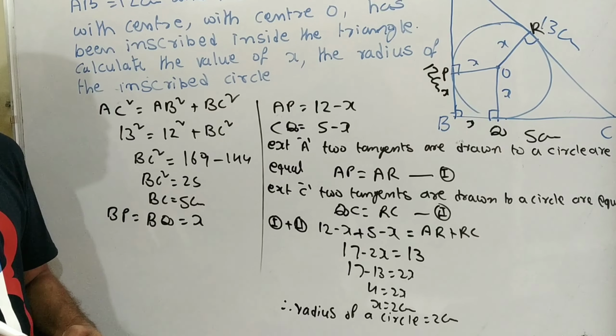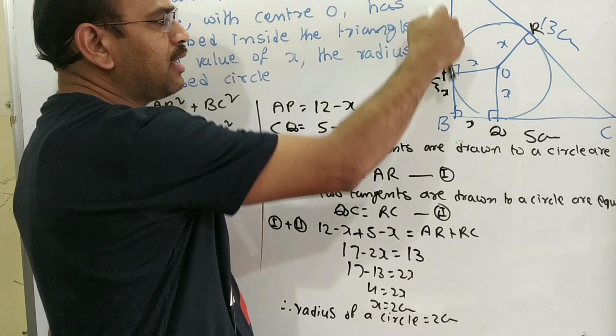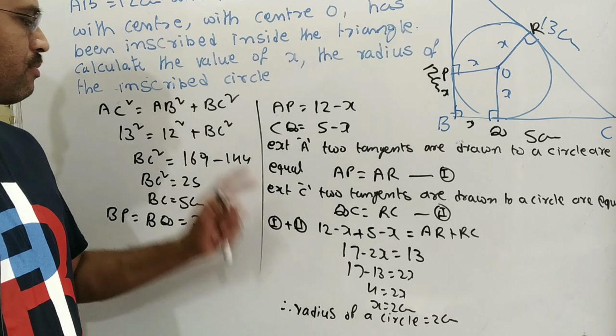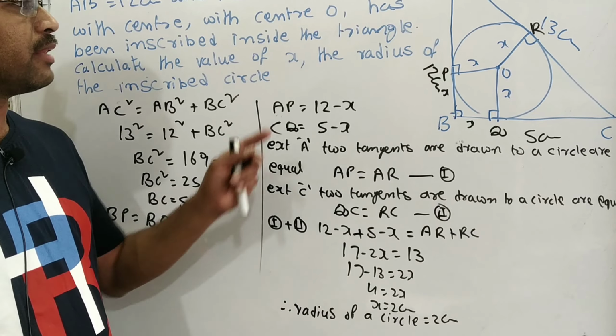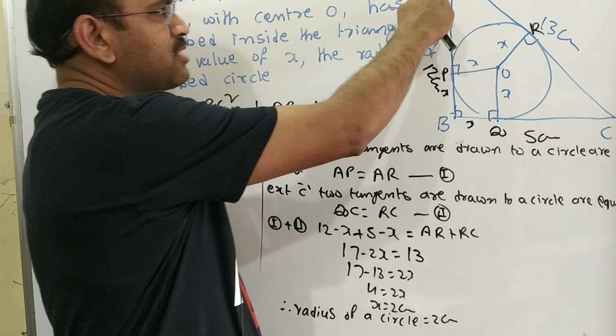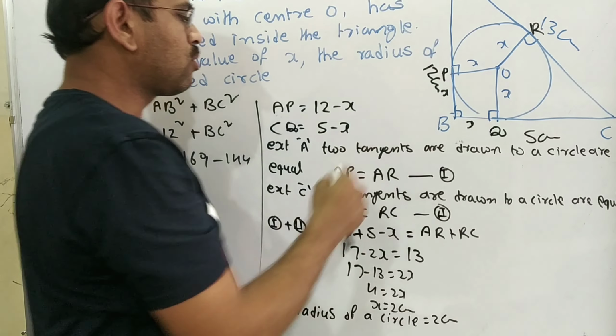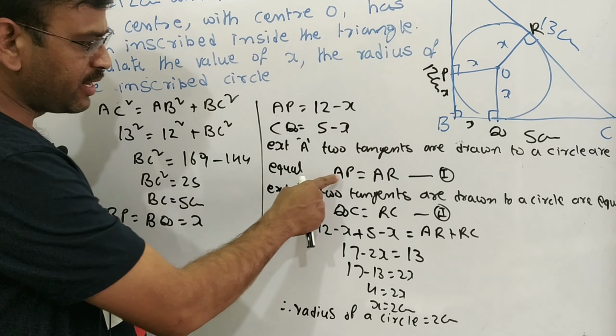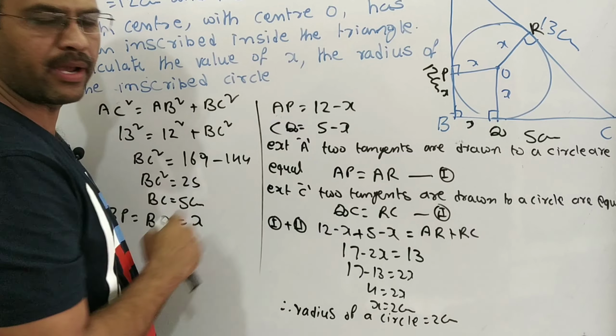Now look carefully at what we have done here. First we found the length of AP and the length of QC, using the Pythagoras theorem. Then from exterior point A, two tangents are drawn to the circle, the lengths are equal, AP equal to AR. So instead of AP, I am writing 12 minus x.